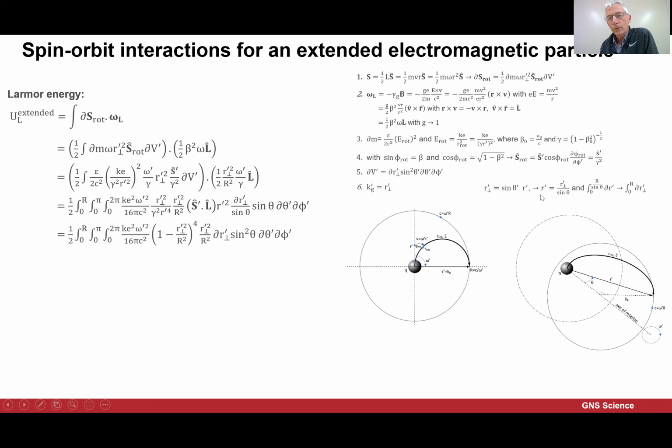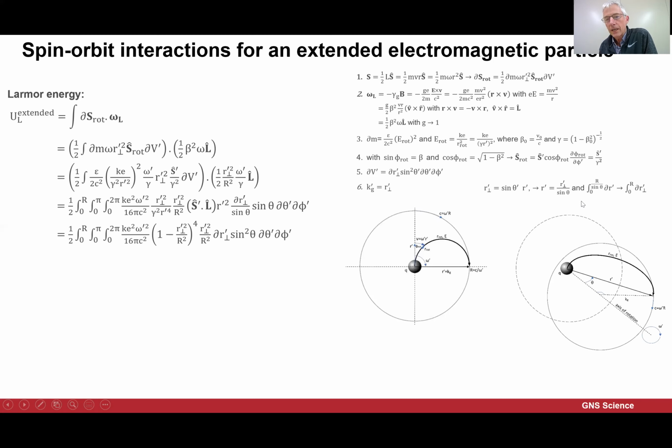We can incorporate the distance from the charge of mass elements which are not in the rotating plane by using sine theta as shown in this expression, and we can also change our integration limit using the same expression.